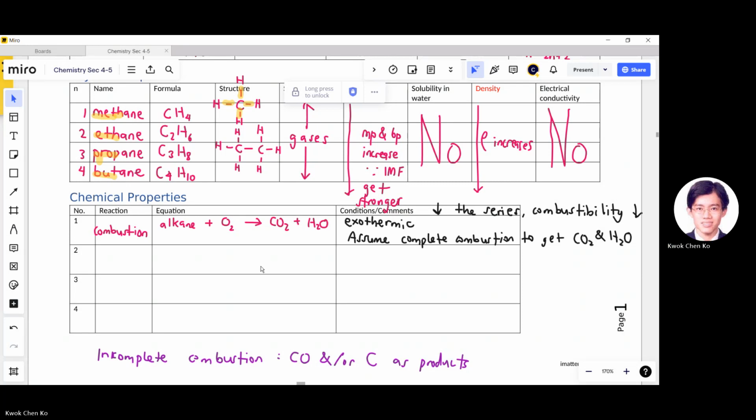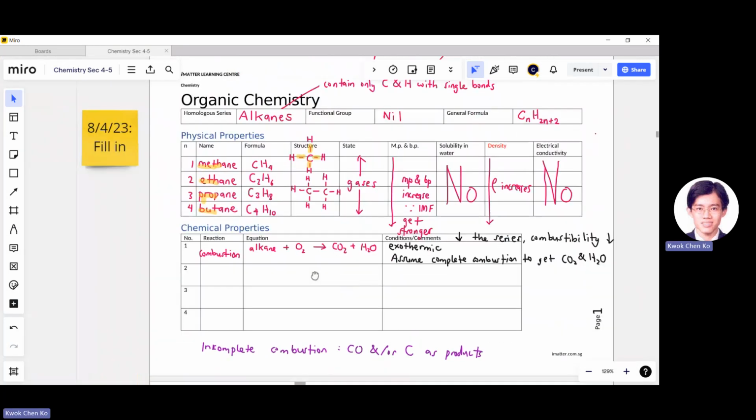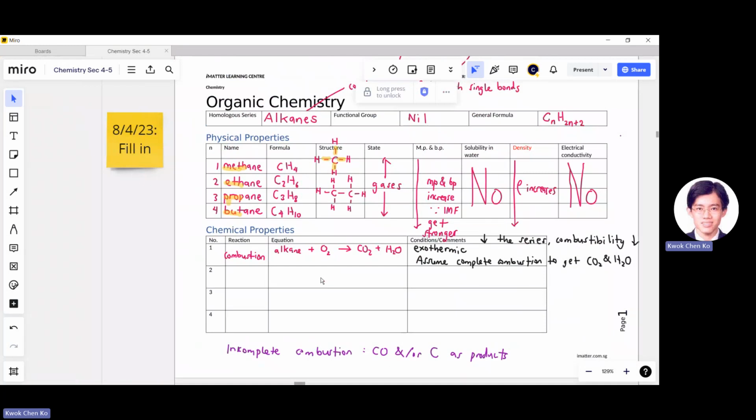Come, tell me. So, which member is the easiest to burn? Yes. Okay. Take note, is the easiest to burn. So I won't go further about that.